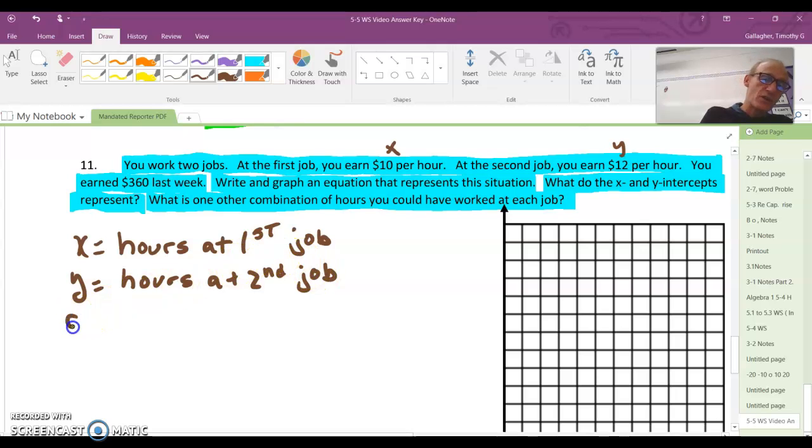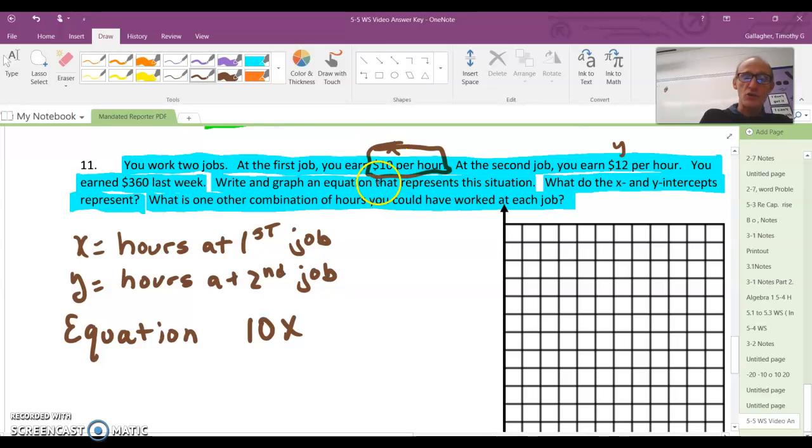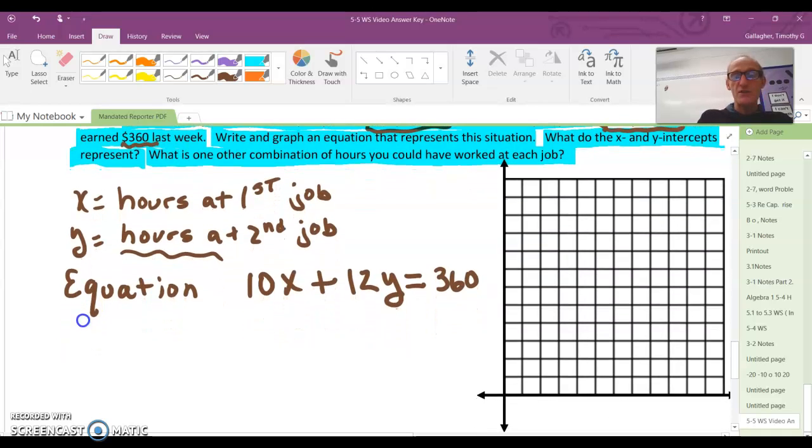Okay, so the equation in this problem is 10 times X because it's $10 per hour at the first job, plus 12 times Y because it's $12 per hour at the second job, and you multiply 12 times the number of hours, okay? And then 360 is your total, okay? So that's the equation.